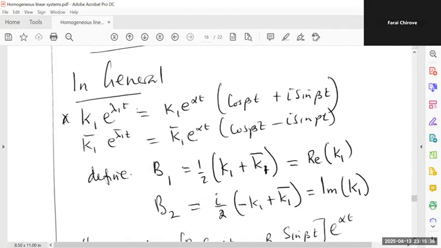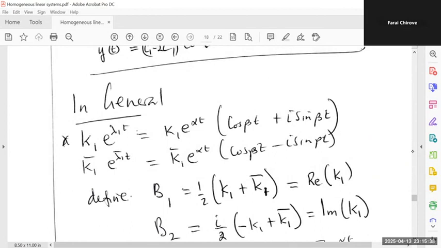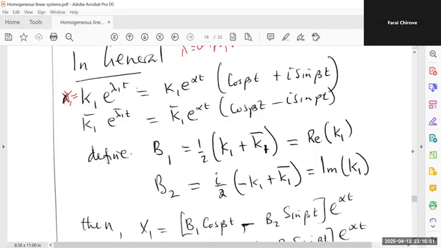So in general, we can summarize now that if we have a complex eigenvalue, lambda equals alpha plus beta i, where beta is greater than 0, then the first solution x1 will be equal to k1 e to the power lambda t, just given by this guy here. And then you define b1 to be half of k1 plus k1 bar.